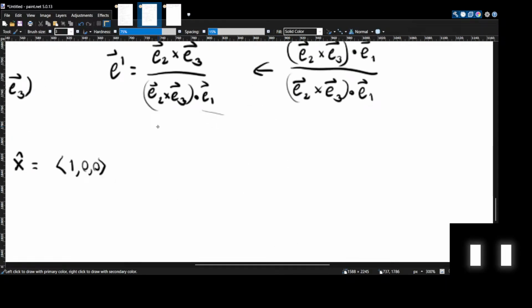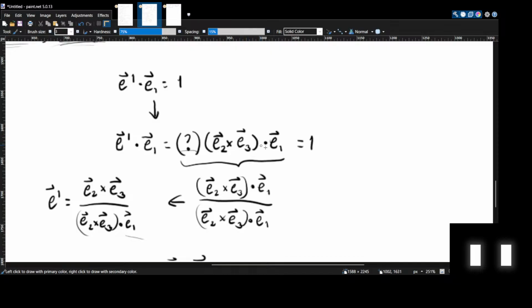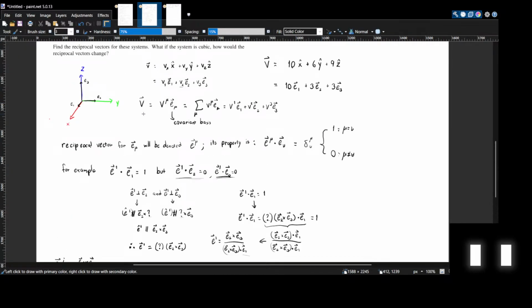Let's consider the next case then. That is E2. E2 is equal to E3 cross E1 divided by E3 cross E1 dotted with E2. E3 cross E1, let me take a look.